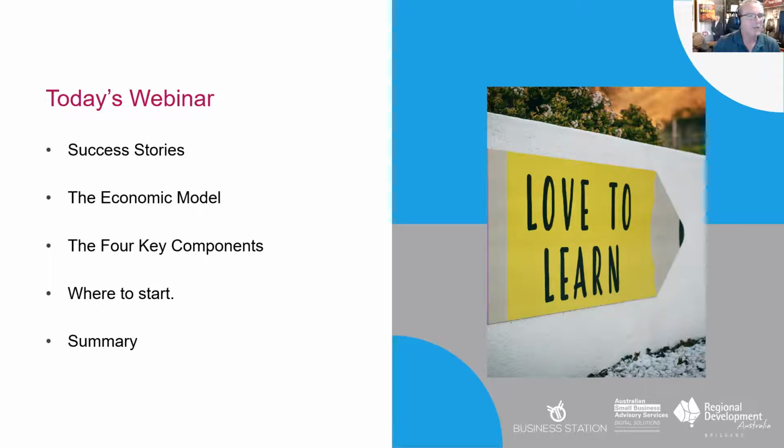There is an economic model for trust, and this sometimes gets missed in the discussions about trust. As I mentioned, there's the know, like, and trust scenario, which tends to, in many ways, simplify it a little bit too much. But there is an economic model for trust, and I'll share that with you today. And it isn't just about feeling good about ourselves or our leadership or our business.